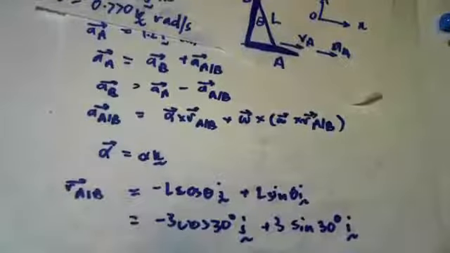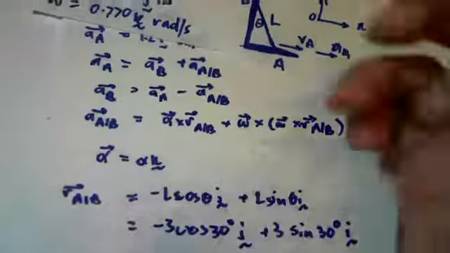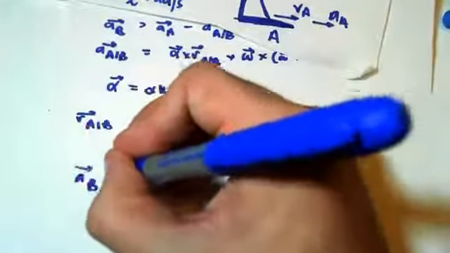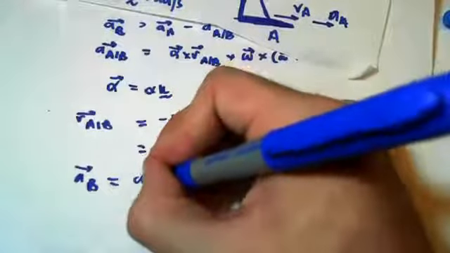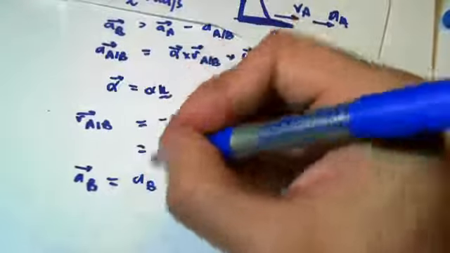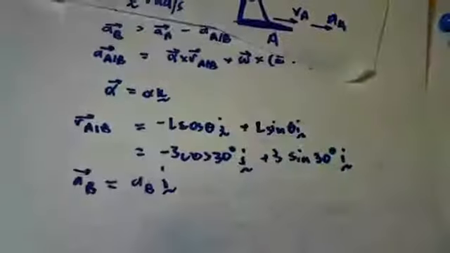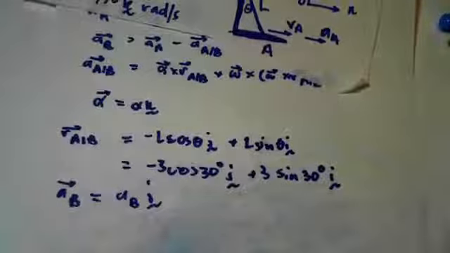Okay, now we've got our relative position, we can substitute that back into our relative acceleration equation and then solve for a of B. Now the first thing to note is that a of B is equal to the magnitude of a of B in the j direction, because there's only acceleration downwards.